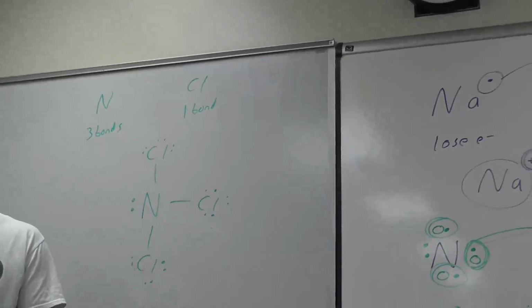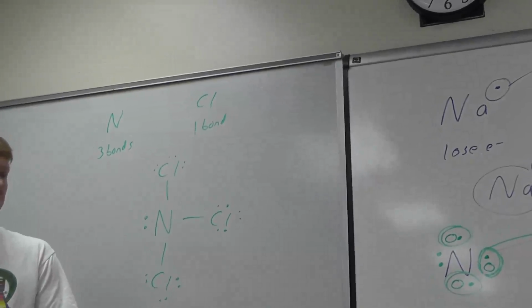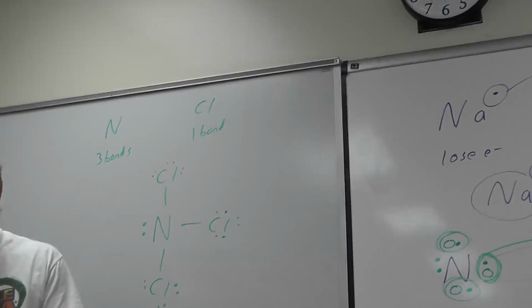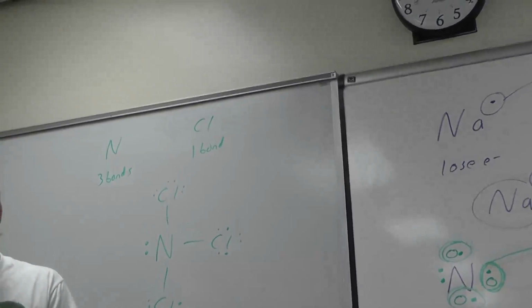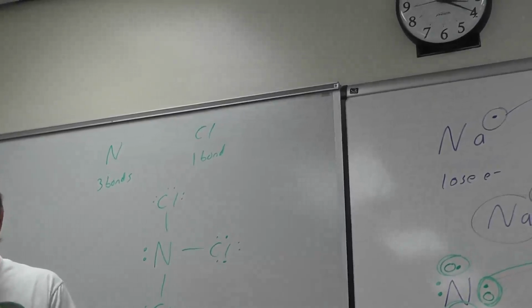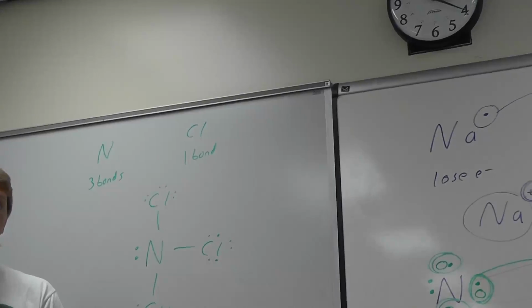Number 3, bond the other atoms to the central atom. Each line, each bond representing 2 electrons. Then you place other electrons as lone pairs, meaning ones that are not bonded.